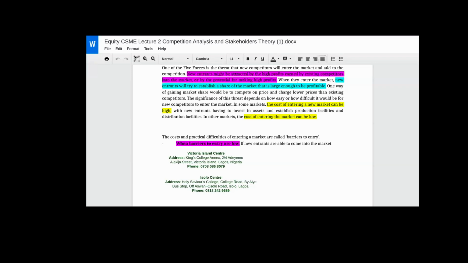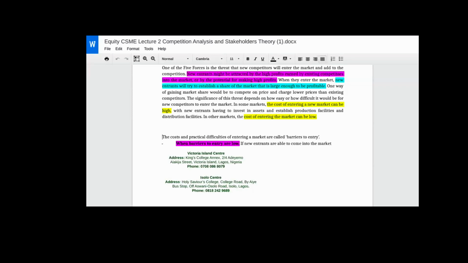Barriers to entry means those factors that can either encourage the new entrant to come or not to come, or those factors that serve as a stumbling block for them not to launch their product now. If those factors are favorable, the new entrant will try all they could, no matter the restriction or the high barrier we place, to launch their product. But if those barriers are not favorable, they have to wait till the time it is favorable.